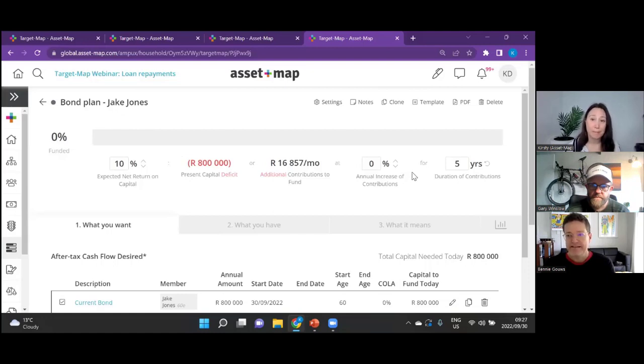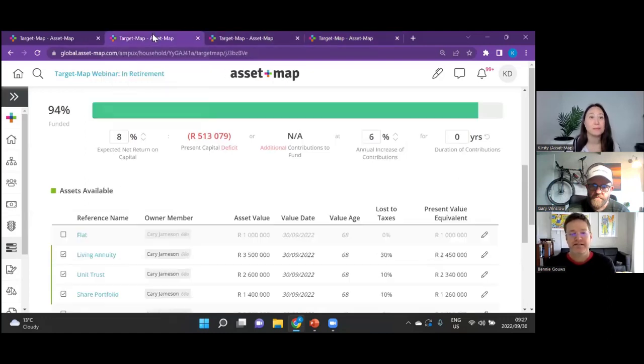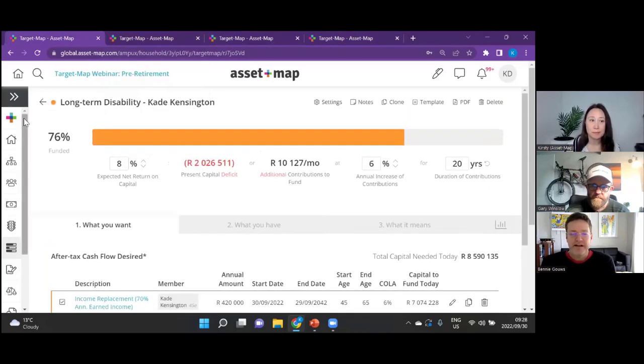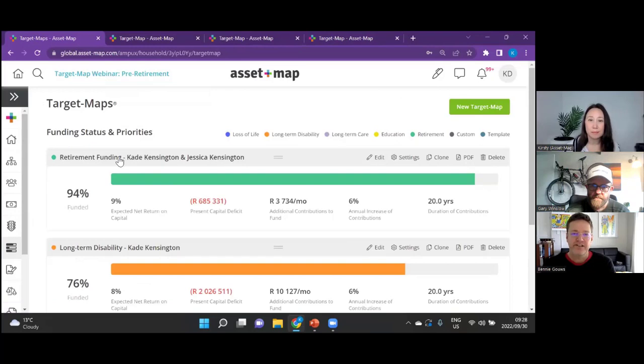Yes. And then I think Philip mentioned, and Stefan as well, just on tax, and the loss to tax number, and I think leading into it, there was a point that Kenny made as well. He was asking about the living annuity drawdown percentage, and I think that's the beauty of Asset Map, that as advisors we sort of think 3 steps ahead. So we're already into the drawdown percentage and tax.